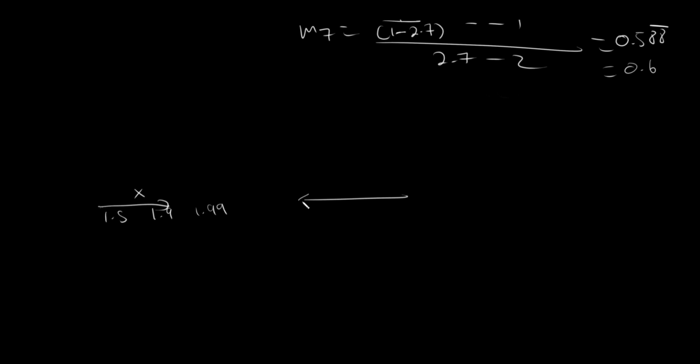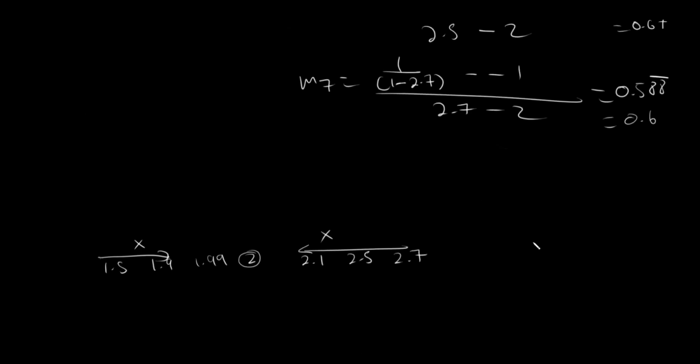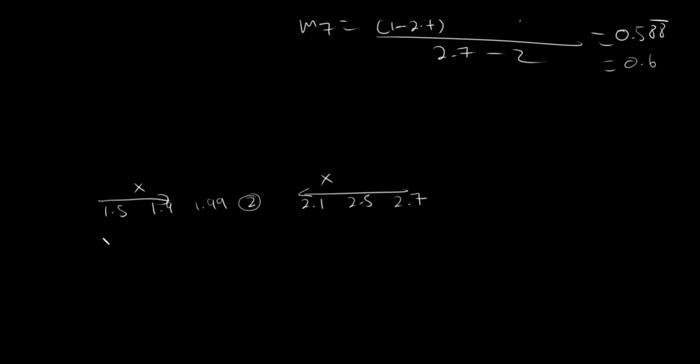And you're going to see y here. My x is approaching 2, with values 2.1, 2.5, and 2.7. And for 1.5, we have gotten 2. So this is our slope, or instantaneous slope. Let's write tangent line.